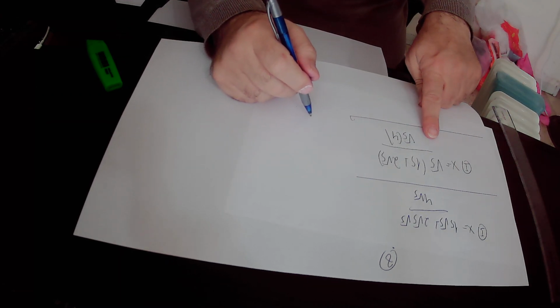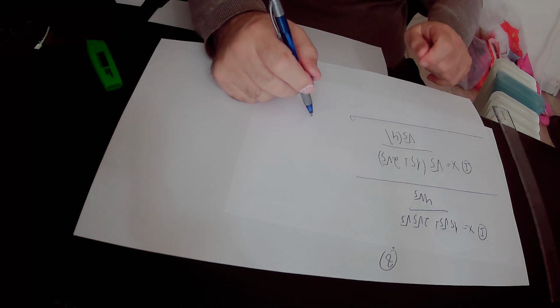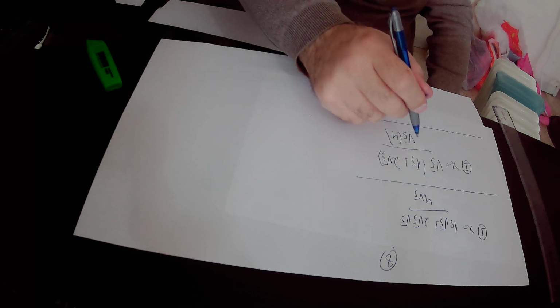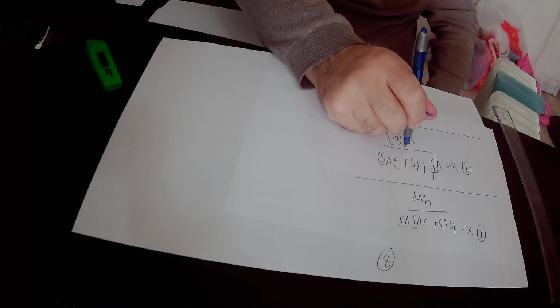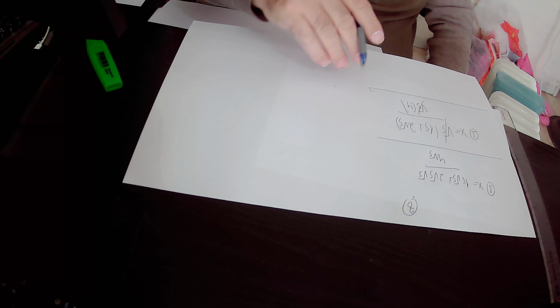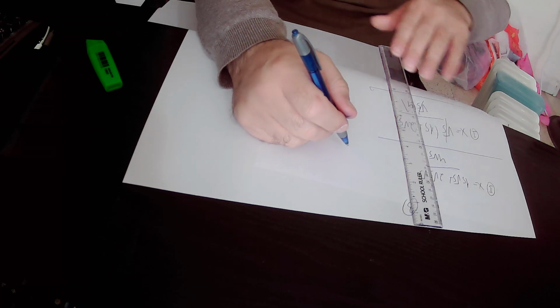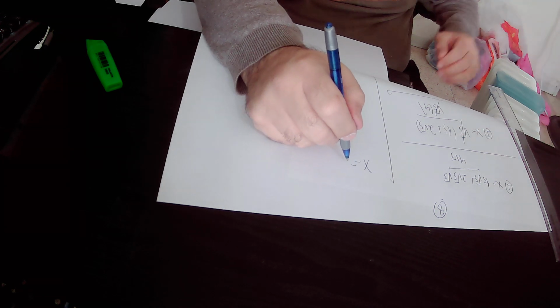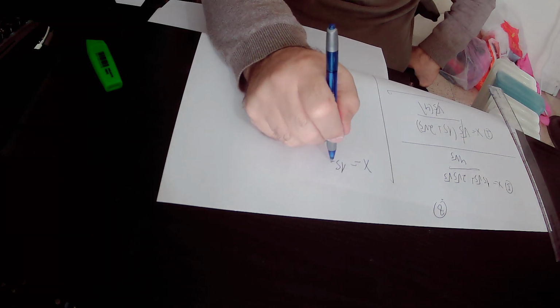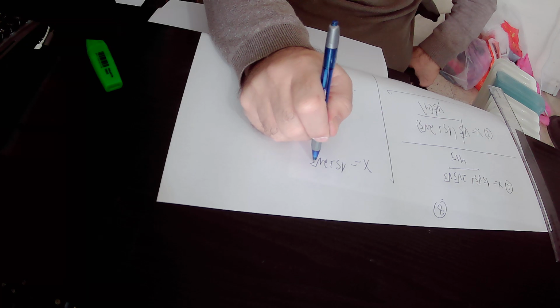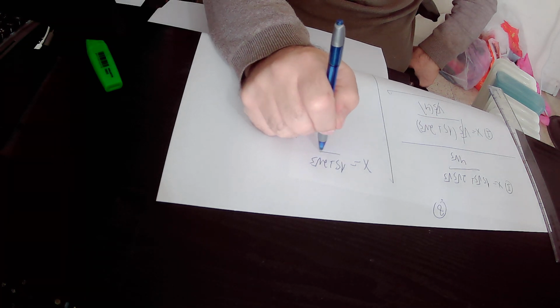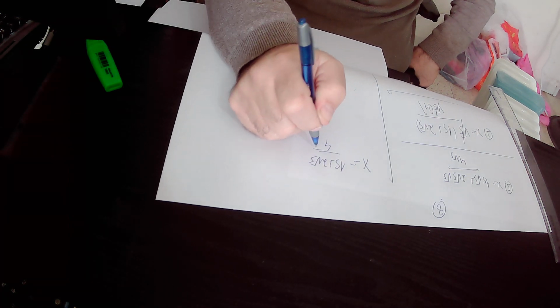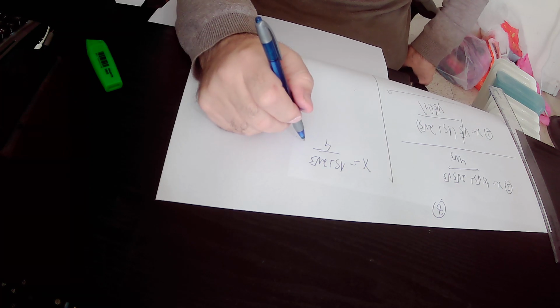So here we have square root of 5 in the numerator and square root of 5 in the denominator, so the square root of 5 will get cancelled. And we found out that x equals (15 plus 2 times square root of 5) over 4 units in terms of numbers.